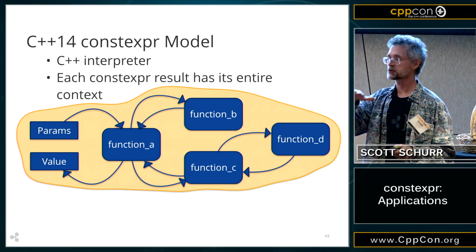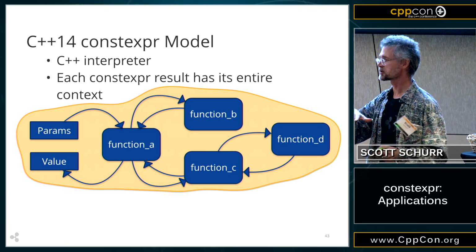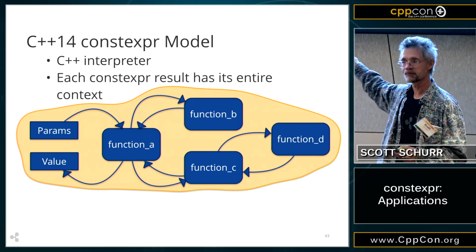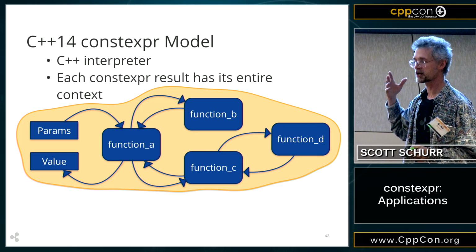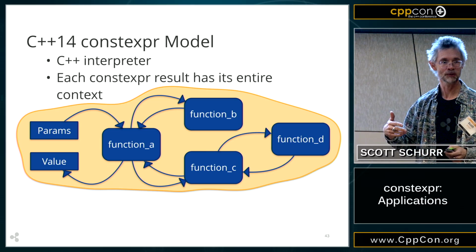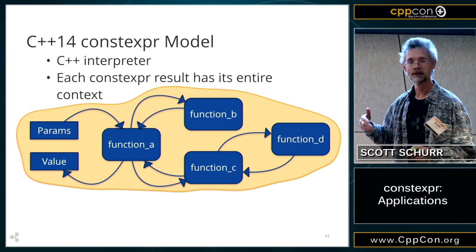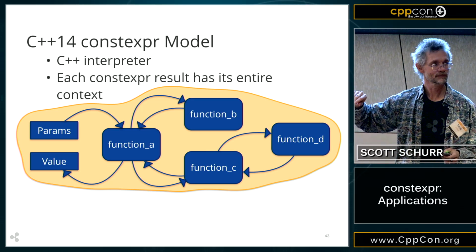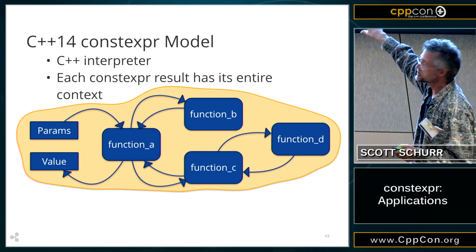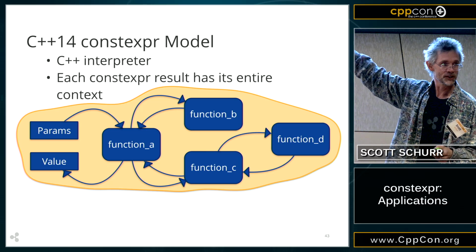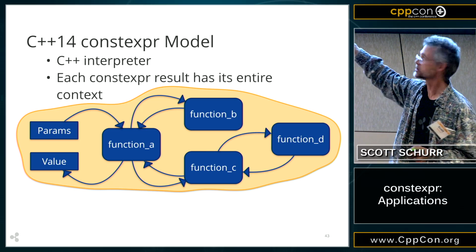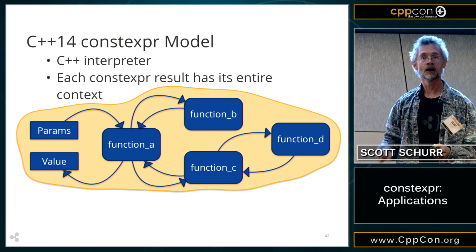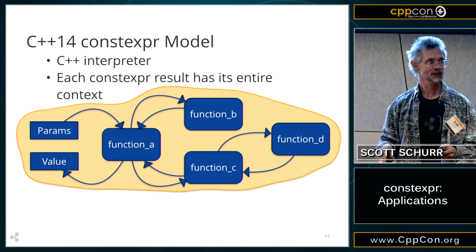So for those few of you who were in yesterday's presentation, I had this picture up. This is kind of the C++ interpreter model I have in my head. It probably has no basis in reality. But this is the interpreter model I have for C++ 14. So once you crawl inside function A, which is our outermost constexpr function, function B, C, and D all know that they're producing constexpr values.